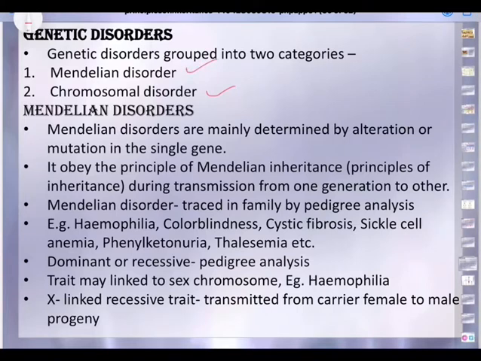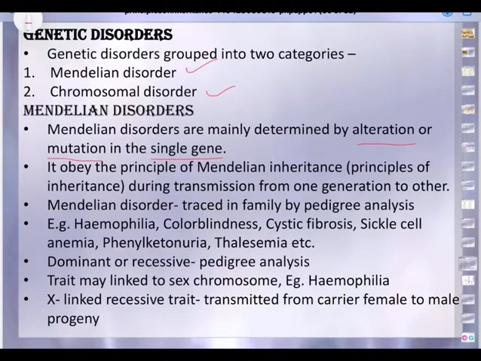And second, if there is any change in the structure of the chromosomes leading to some disorders in the person, then we say chromosomal disorder. So basically genetic disorders are of two types, Mendelian disorders and chromosomal disorders.